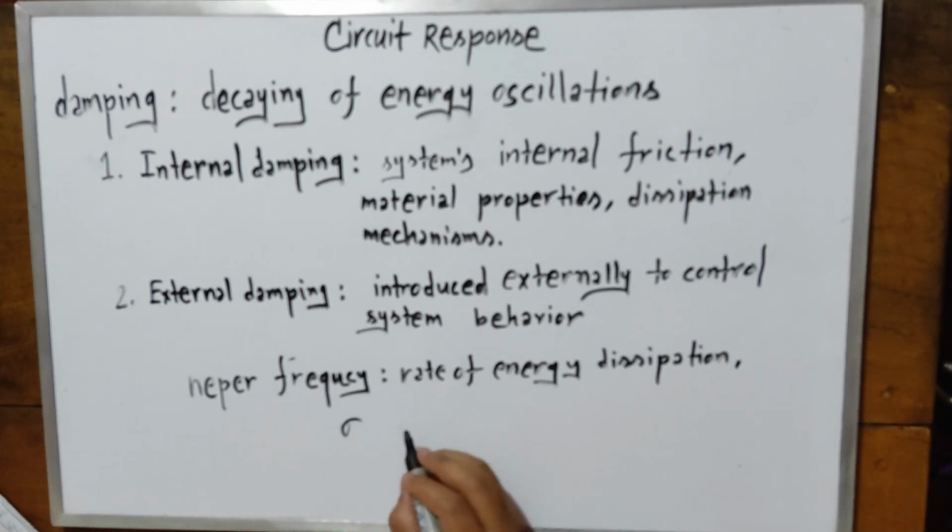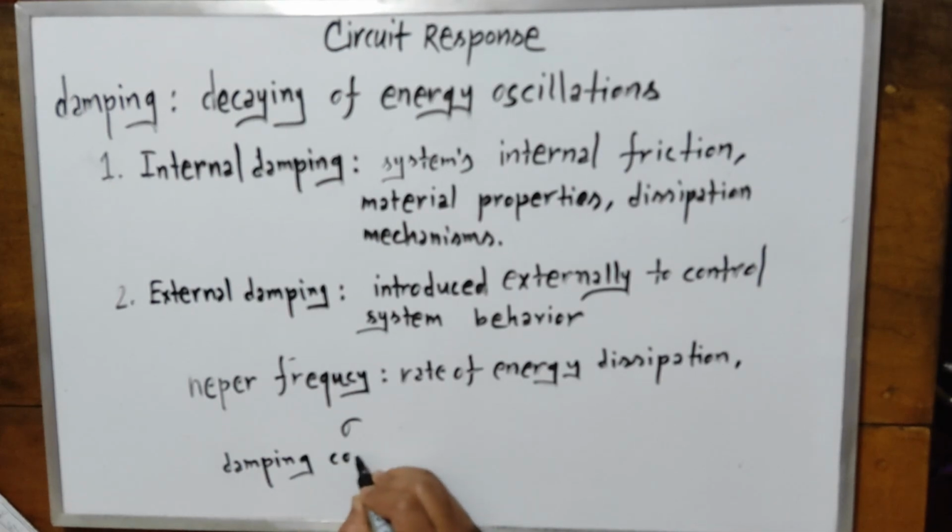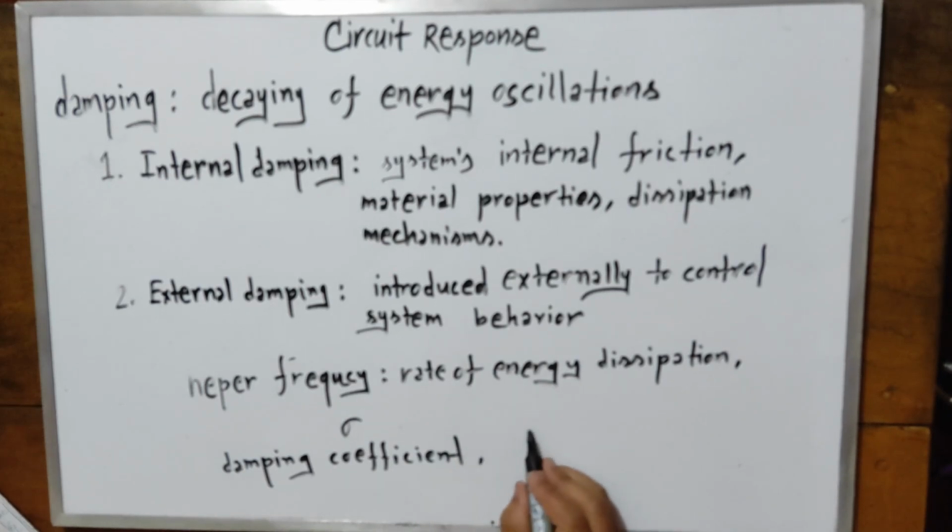Sigma is related to the damping coefficient, and the damping coefficient is denoted by psi or zeta or whatever. It is also called the damping ratio. So this is the basic idea of damping.